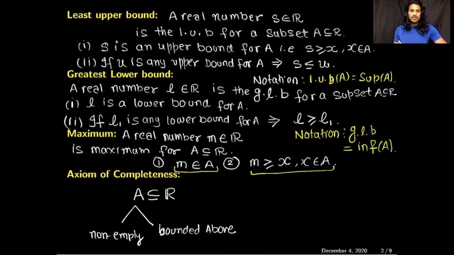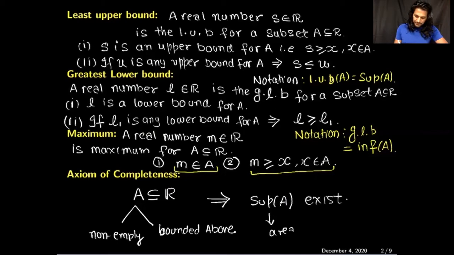So if any subset of real numbers satisfies these two properties, we state an axiom that the sup of that set always exists, and that sup will be a real number. This is our assumption, and it is known as the axiom of completeness.